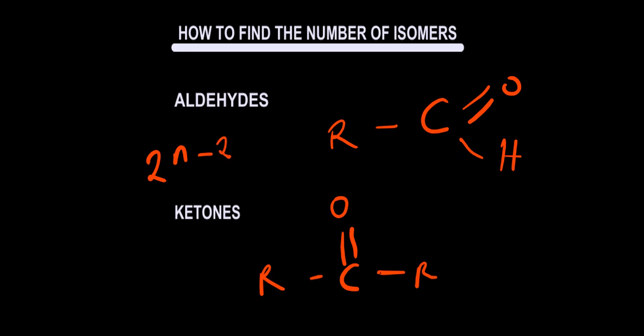For a ketone, it is 2 to the power n minus 3.